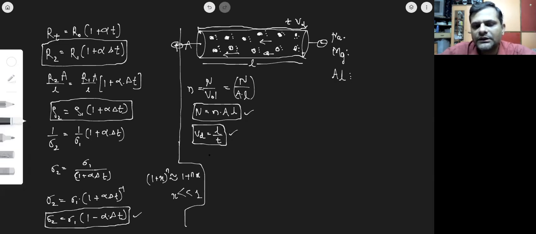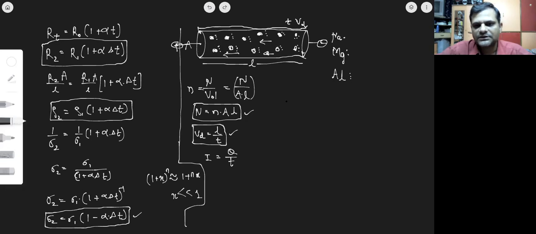Now we already know that the current is equal to the charge upon time, correct? So here charge Q upon time is the current. If this charge takes time t to cross from here to the cross section, then exactly the same time will be needed for the electron to move from here to here.